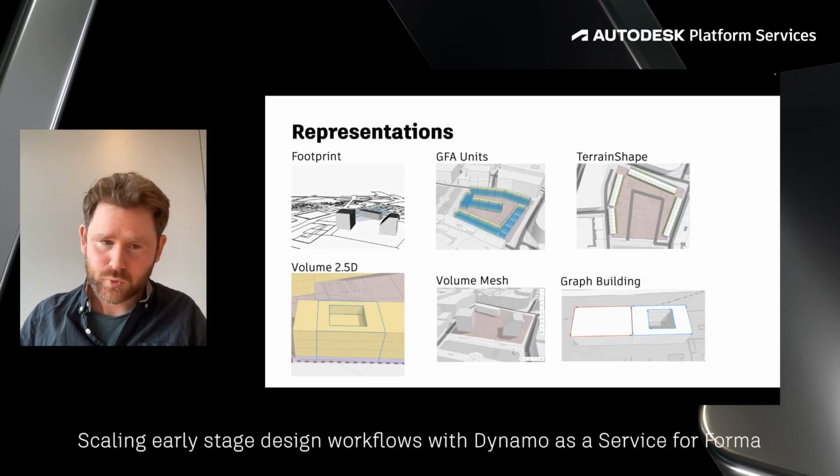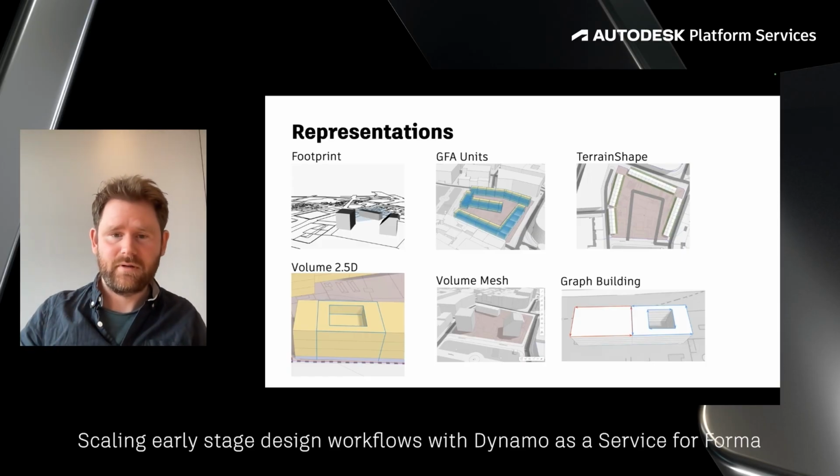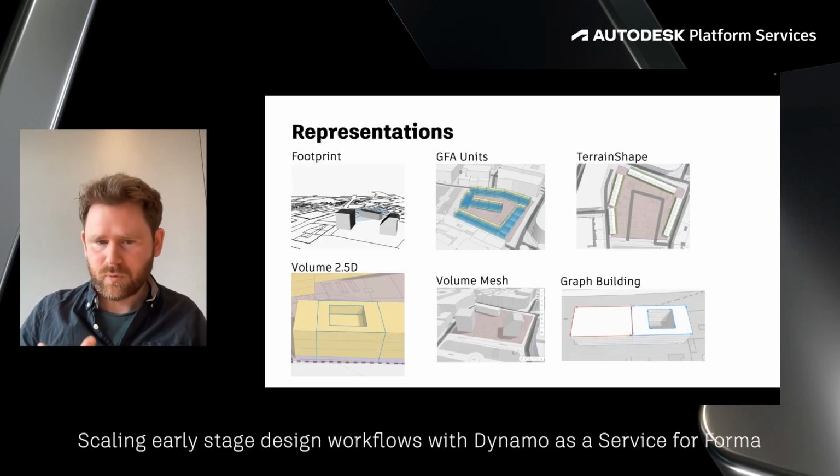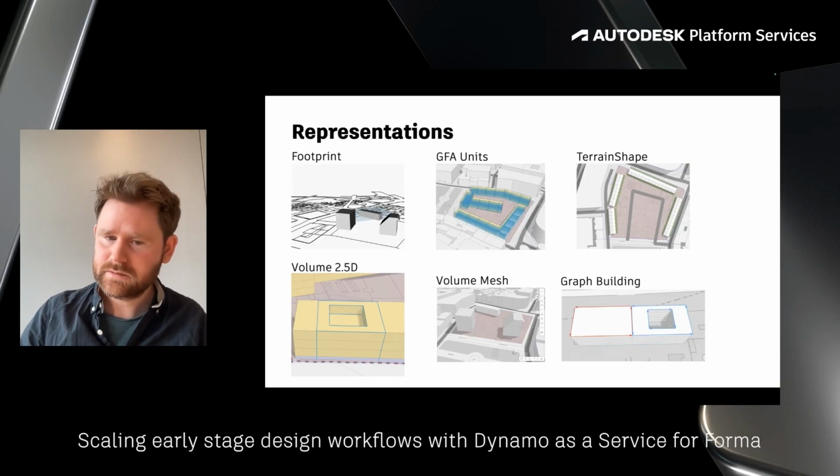You have volume 2.5D, which is a polygon extrusion for buildings with straight walls, which is highly efficient to work with and reason on. And then you have a volume mesh, which is a triangulation of the geometry, so meshes.